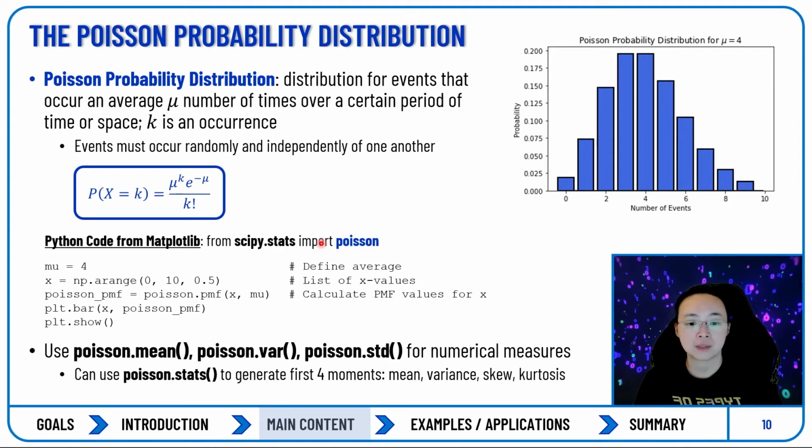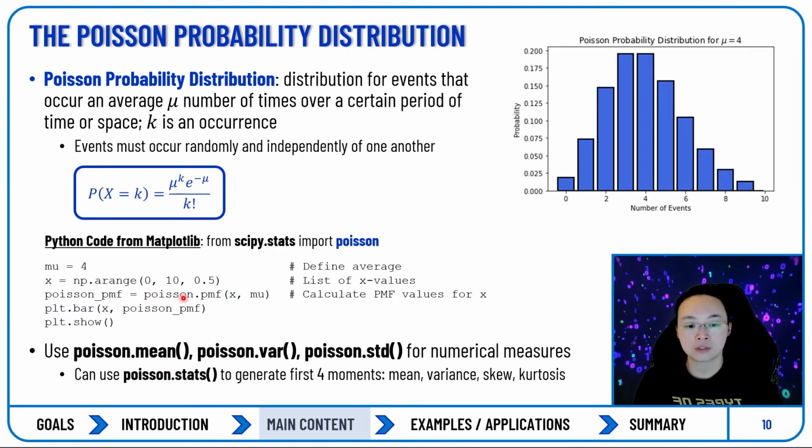Now, we then create a variable called Poisson PMF so that we can calculate all of the probabilities from the probability mass function for all of our x values. Now it's very simple.